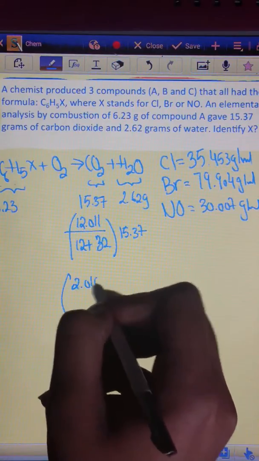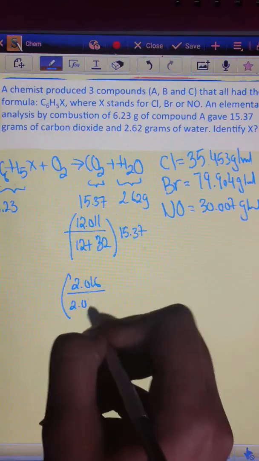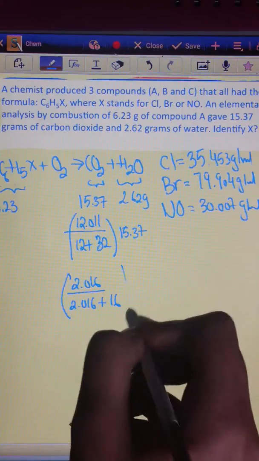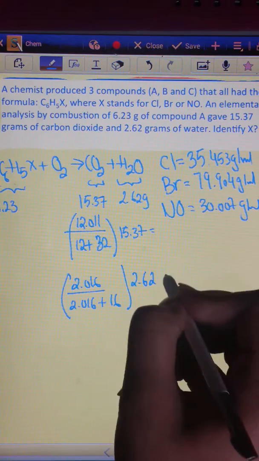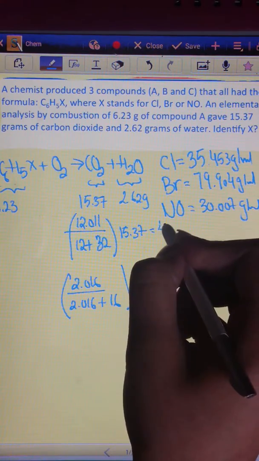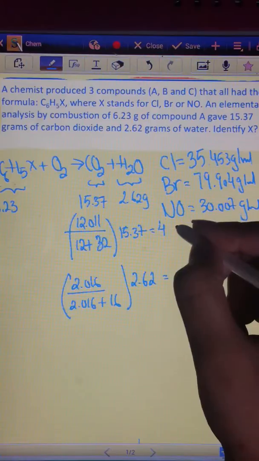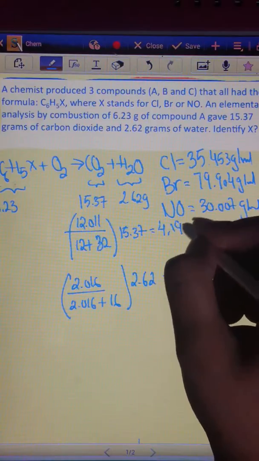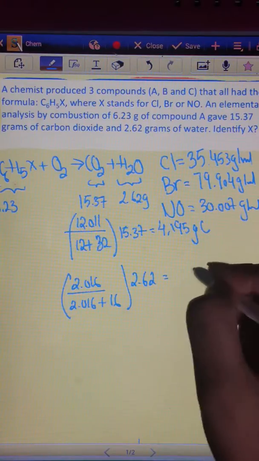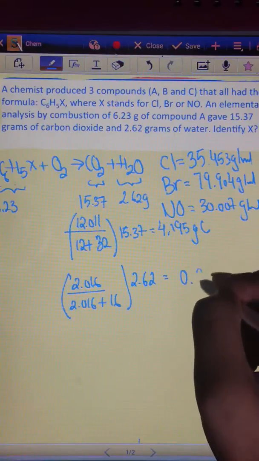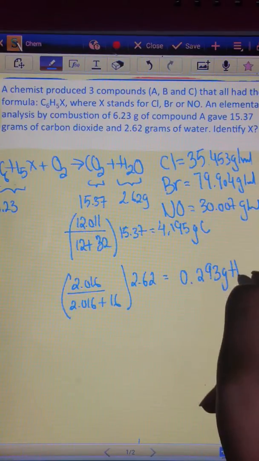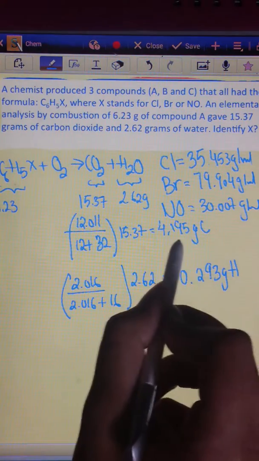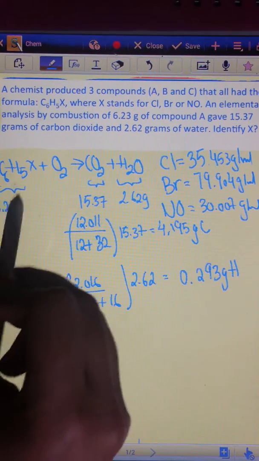So that's 2.016, because there are 2 hydrogens in H2O, plus 16, multiplied by the mass of H2O given. That gives us 4.195 grams of C and 0.293 grams of hydrogen. So that's how many grams of carbon and hydrogen were available in C6H5X.